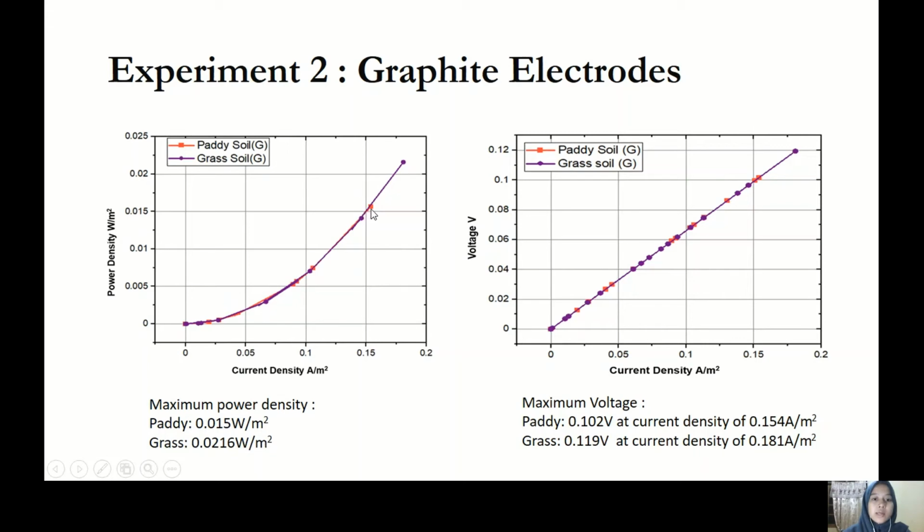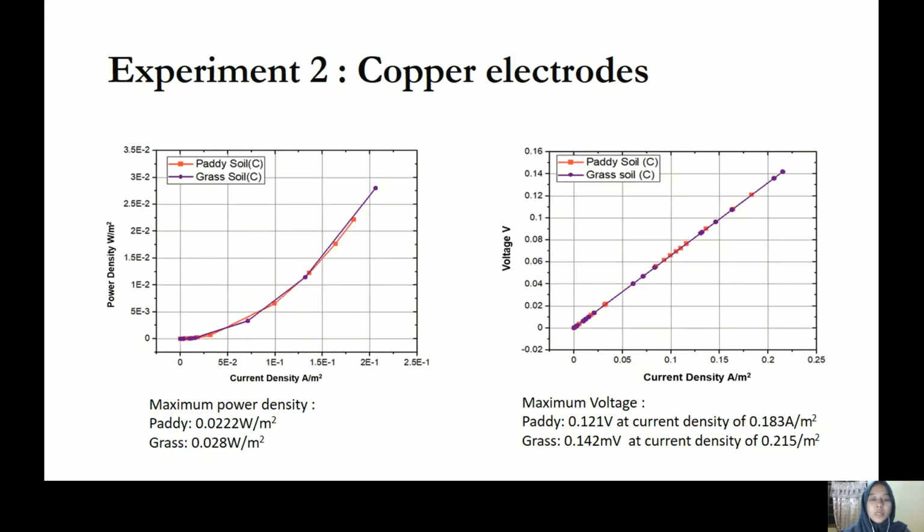You can see here for experiment 2, the difference between paddy and grass soil is only a small value. Next is the copper electrode. The maximum power density that could be achieved by the paddy is 0.0222 watt per meter square, and the grass is 0.028 watt per meter square.